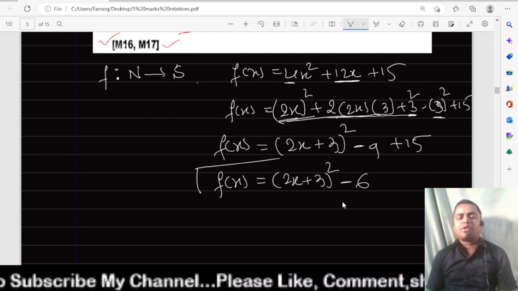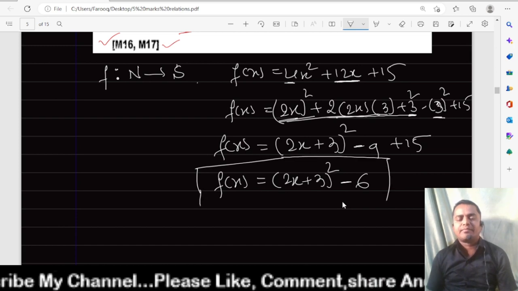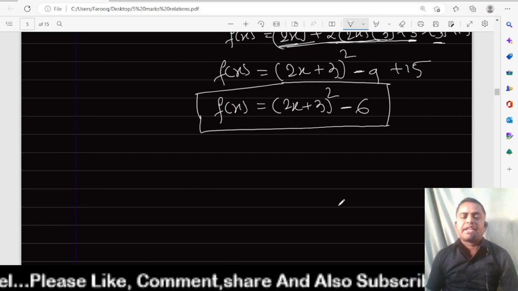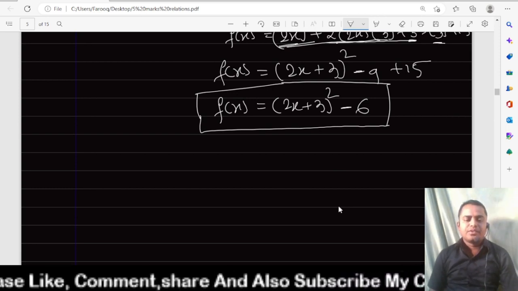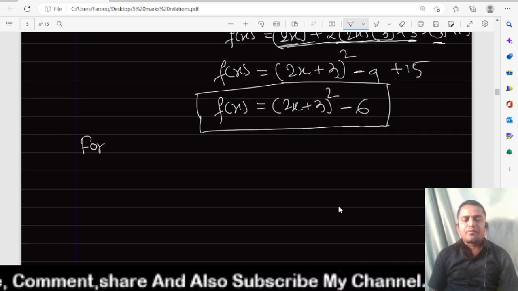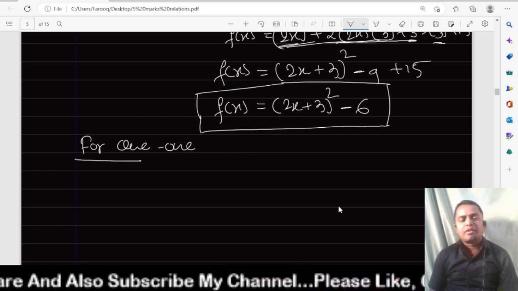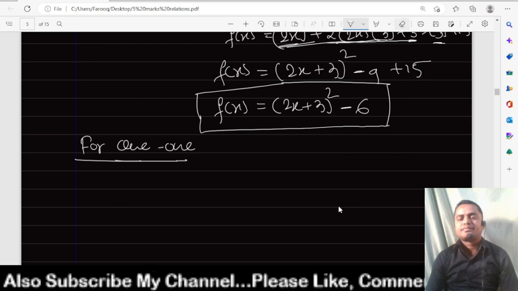So now this is your function after simplifying. Now let us prove 1-1 and onto in the same manner as we did in the previous problem. For 1-1, let's take two numbers.